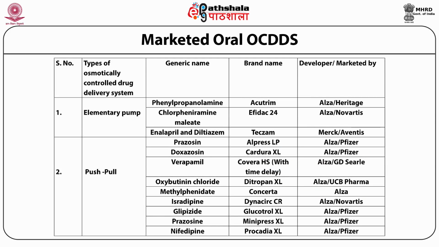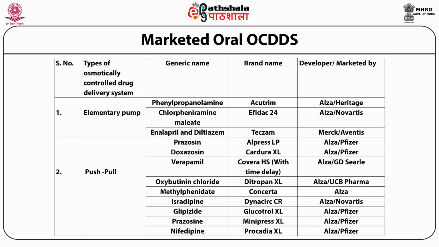Here is a list of some marketed oral osmotic controlled drug delivery systems. This gives you an overview that this is not something only at the level of the lab. This technology has now expanded and translated into clinical practice.